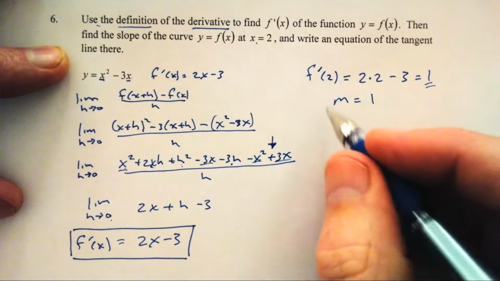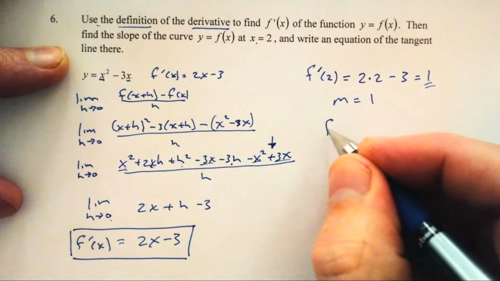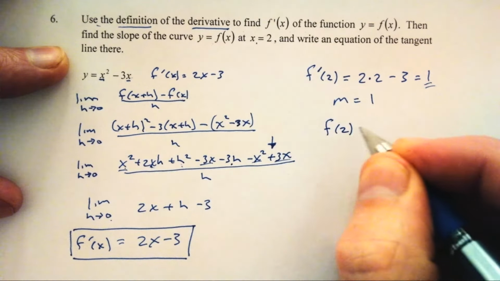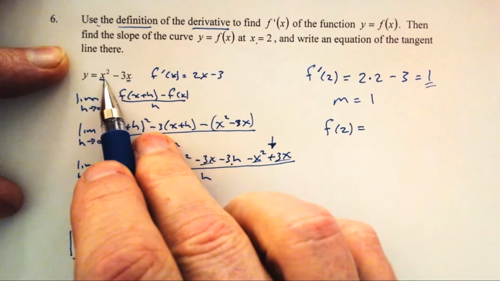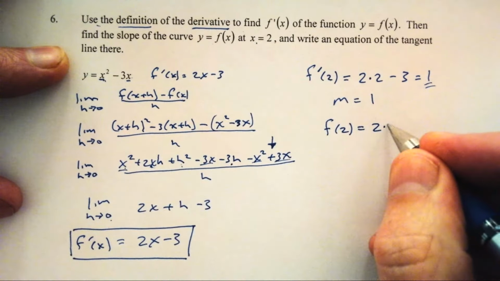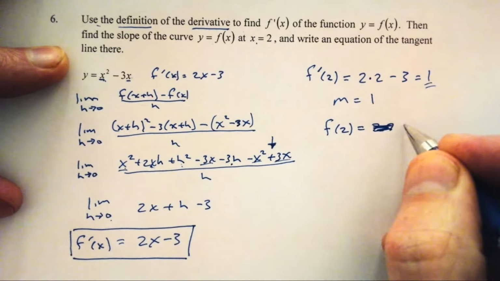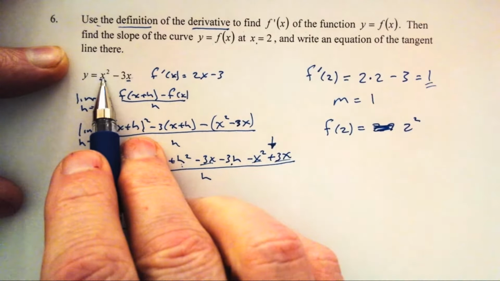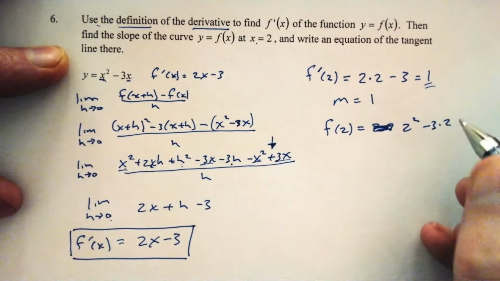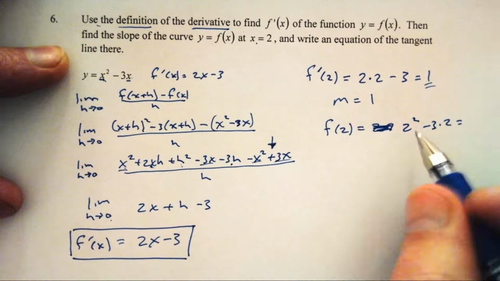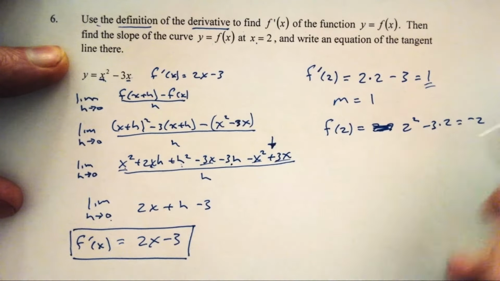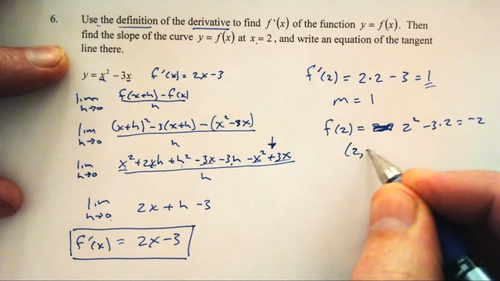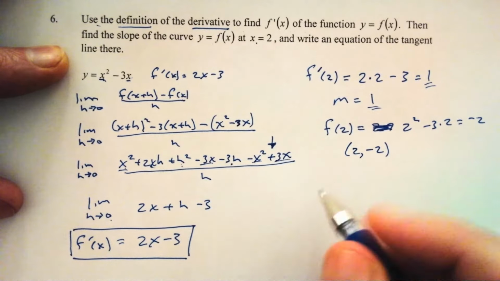But now I need to know what point it's going through, so I go back to plain old f of 2. F of 2 is 2 squared minus 3 times 2. That is 4 minus 6, negative 2. So I have an ordered pair 2, negative 2 with a slope of 1.